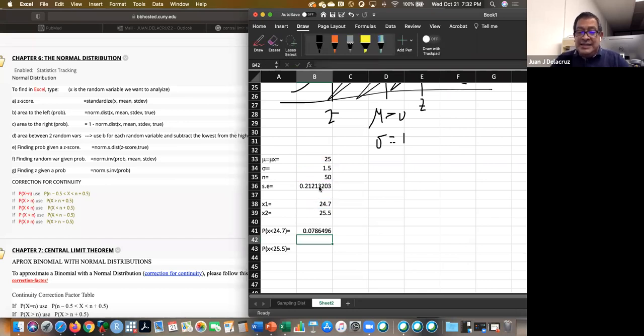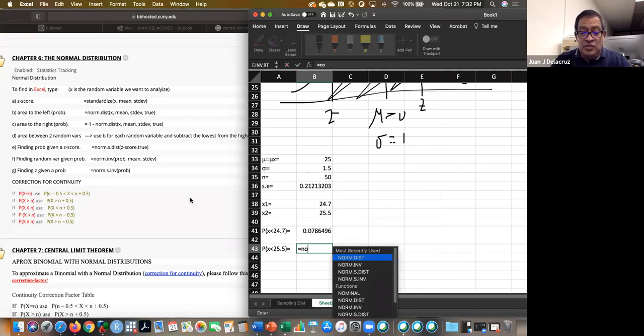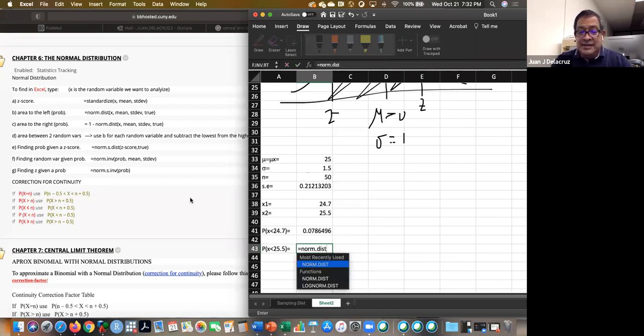So the second case, I'm going to use the same formula, NORM.DIST. I'm going to measure the area to the left of 25.5. Then the mean, and then my standard error again, and then TRUE, right? So what should I do?